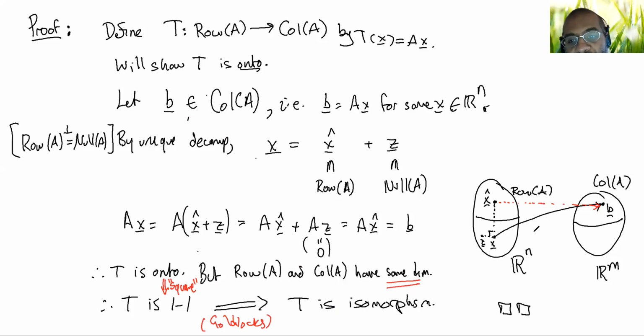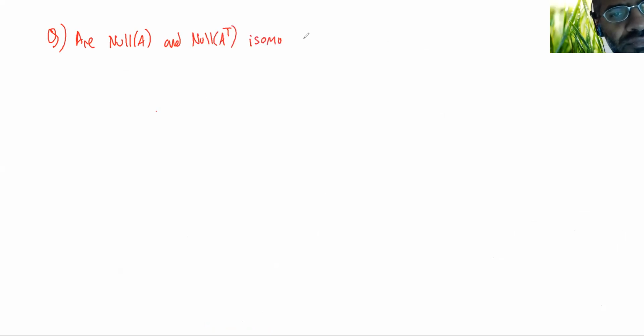Okay. Another question: are the null spaces of A and A transpose isomorphic? Okay, so let me write this question here. Well, think about it. For two vector spaces to have any chance of being isomorphic, they have to have the same dimension, right?